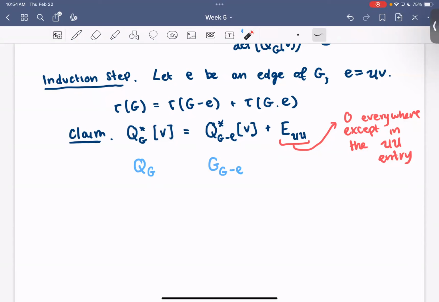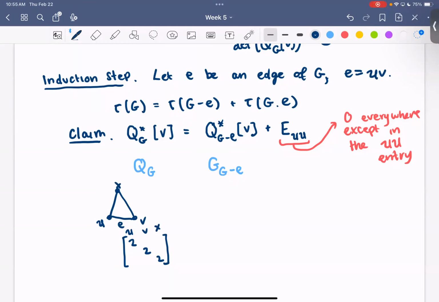Would it be helpful to do an example? So let's do a really simple one. Let's just do the triangle. And let's say this is U, this is V, and this is E. Okay, so what does this matrix look like? I'm going to put U and V first, and then this will just be X. And they each have -1, -1.